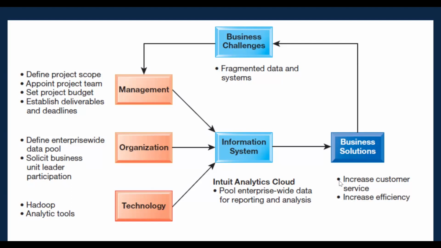So they chose to break the very large project down into manageable chunks, each with a deliverable, which made the project more manageable. And then also it garnered support from top management and from business units that wanted to use the new system. So let's take a look at this diagram.